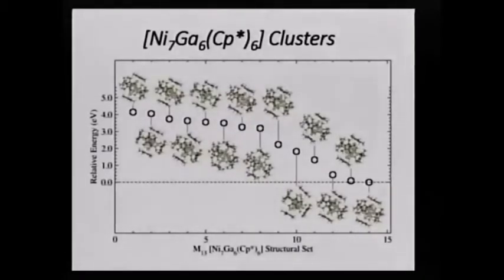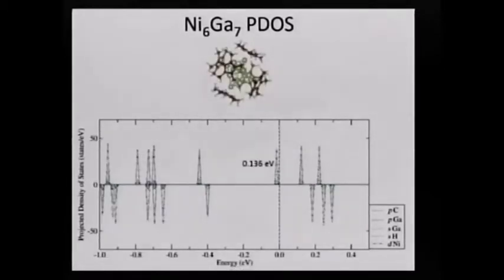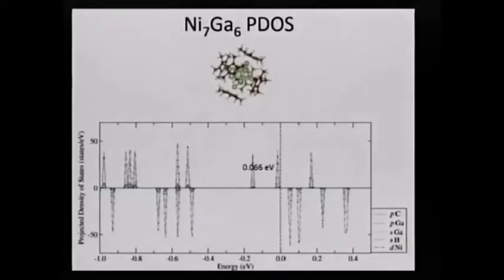One of these properties, probably the most important one, is the PDOS of this kind of cluster. For M14 nickel 7 gallium 7, we have a HOMO-LUMO gap of 0.242 electron volts. For nickel 6 gallium 7, this HOMO-LUMO gap is about 0.136 electron volts. And the most interesting thing is for nickel 7 gallium 6.